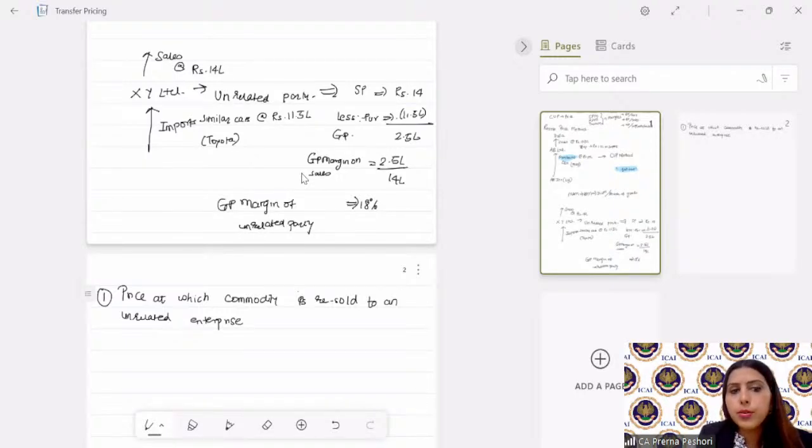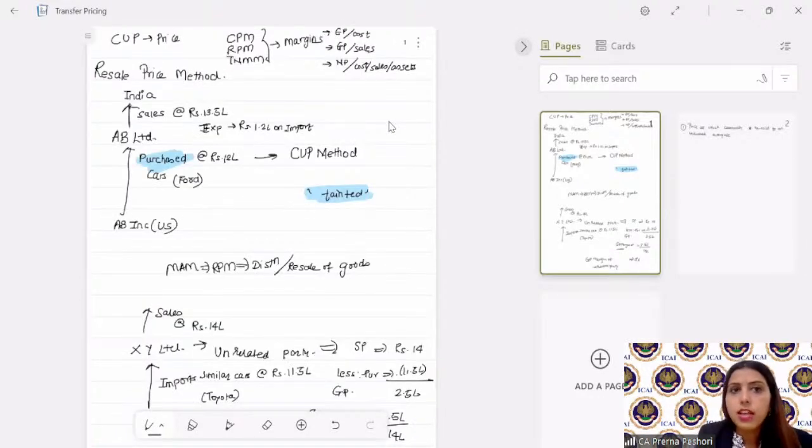Now, I will first identify the price at which the commodity is sold to an unrelated party, because this is not the tainted transaction. This is the one which is tainted. So I will start from here and come towards the purchase cost.